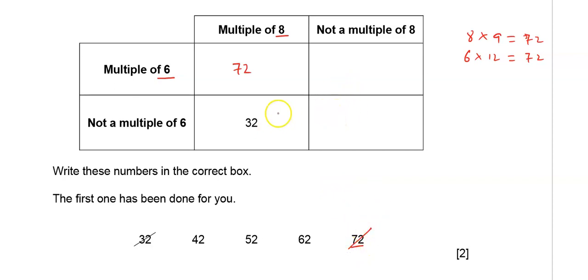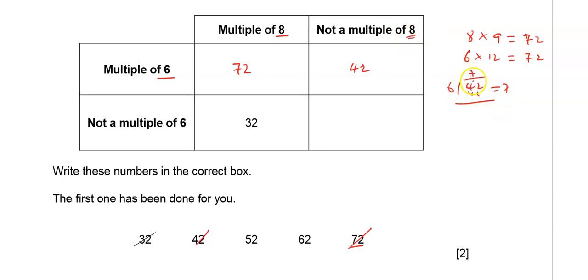And a multiple of 6 which is not a multiple of 8, I suppose that is 42. 42 divided by 6 gives us 7. So 42 is a multiple of 6, but it is not a multiple of 8.